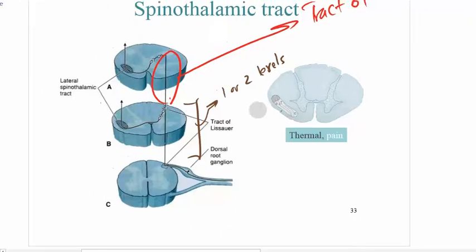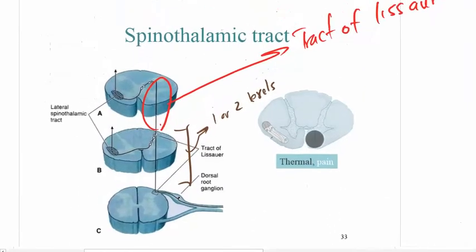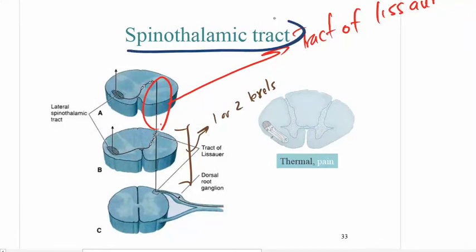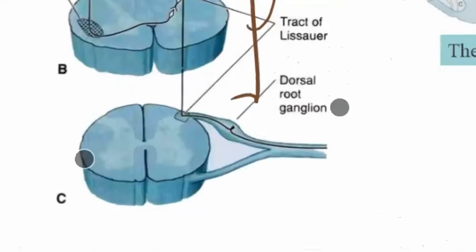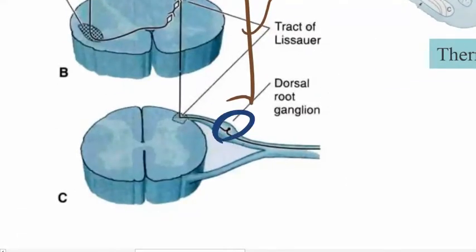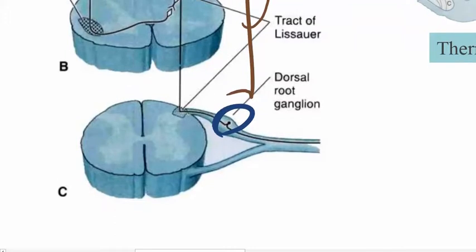All right, so here we're looking at the spinothalamic tract. What we're saying is that the primary neuron, the cell body, is going to be in the dorsal root ganglion. What I had shown was it synapsing like that and then going up like that.